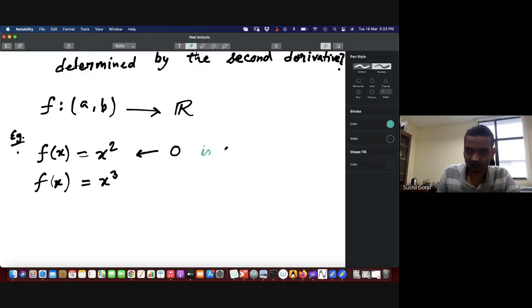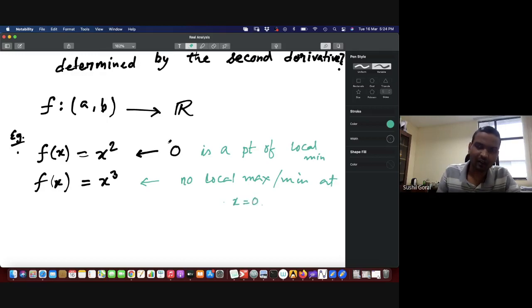Zero is a point of local min for x square, and for x cube there is no local max or min at x equal to 0. But the derivative f prime of 0 is 0 here, and here also f prime of 0 is 0.